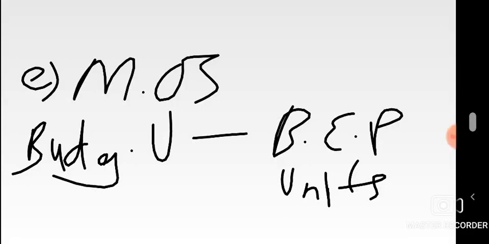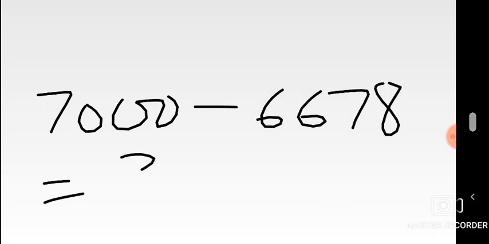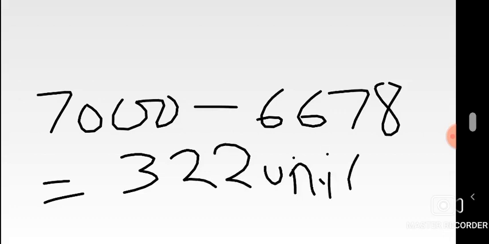So budgeted is what? The question mentioned that they are planning 7,000 units for 2017. That's the budget. So it's going to be 7,000 minus 6678. If you subtract, you should get 322 as your margin of safety in units.